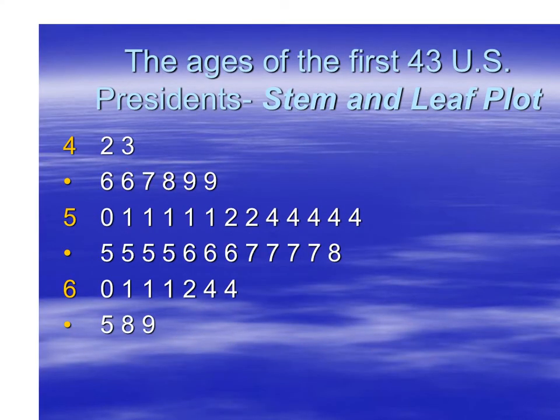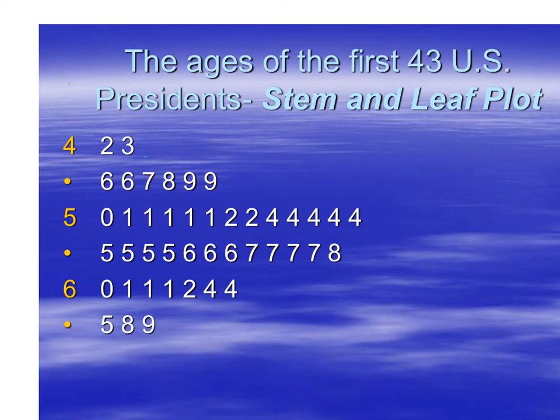Here's one showing the ages of presidents, since there's several of these, and these are the first 43 presidents. Okay. A little trivia here, if you could tell me who the 44th president of the United States was, send that out on Schoology, or any other presidents that we've had after the 43rd. So you can see there are several different ones here, so it's easy to break these up.